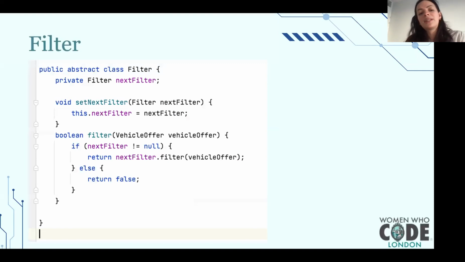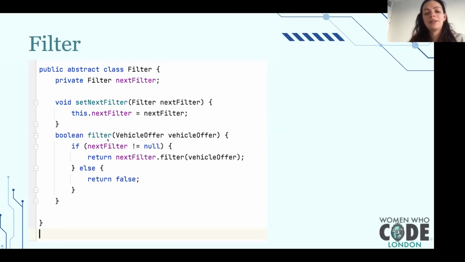So I know what the filter is: the first one looks at cars, for example, and the next one looks at trucks. And I create this filter as an interface, or even here I created it as an abstract class, because I want to say that this filter always has a next filter, or probably it's null.